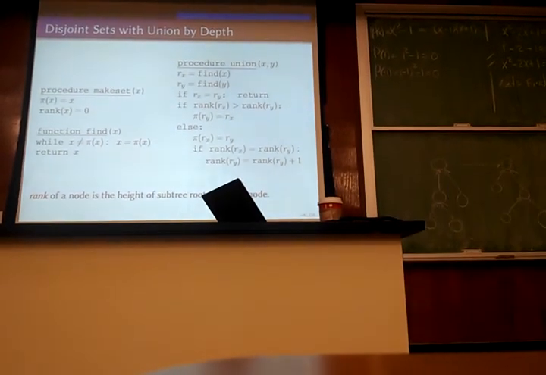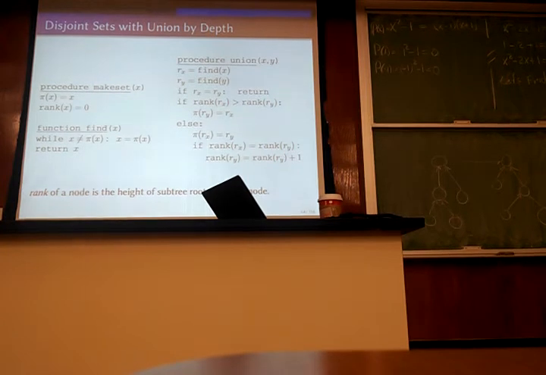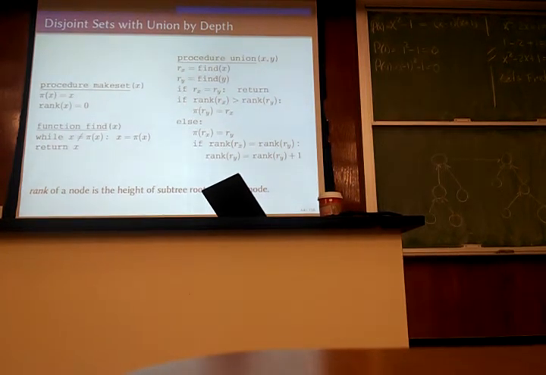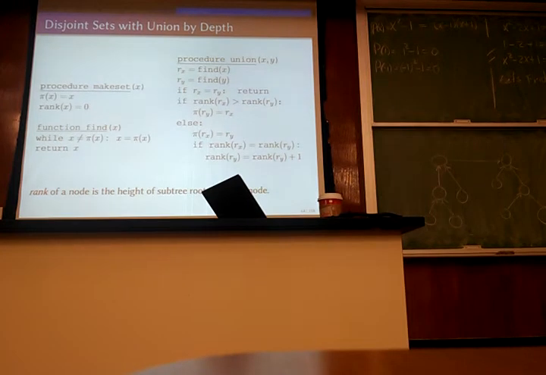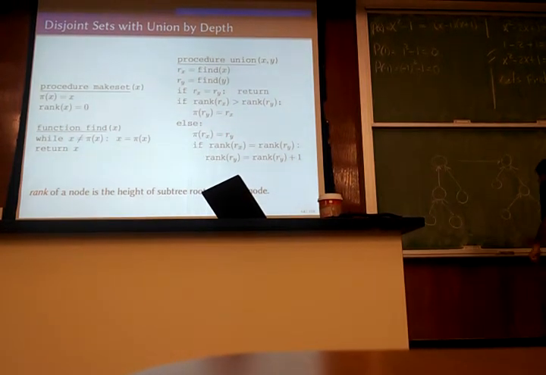But when you do path compression, now you are compressing and you are changing the height of that. If you take an element from the leaf level and make it go to the root, then the rank of the, okay, let's just take this example.